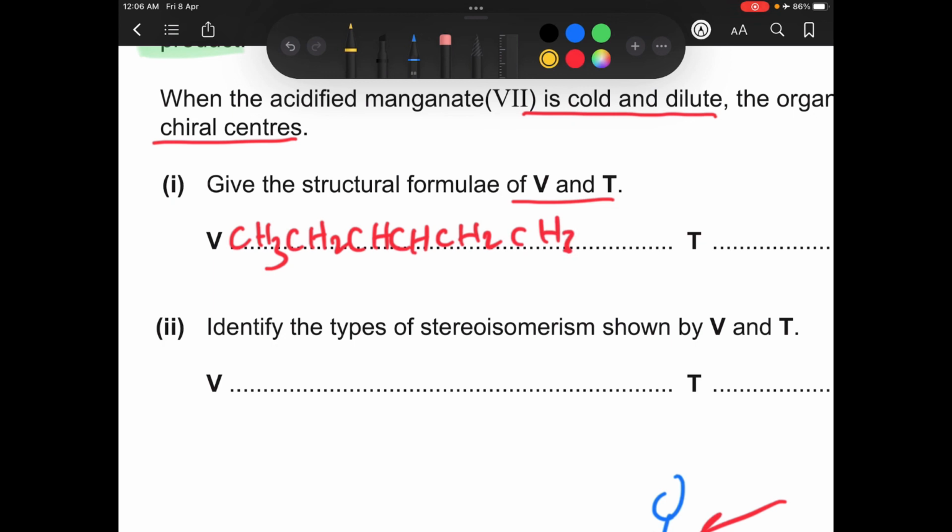And you indicate that we have a double bond in this area, or you can draw it like this if you want to show the double bond: CH3, CH2, CH, double bond, CH, CH2, CH3. So this is the answer in this case.